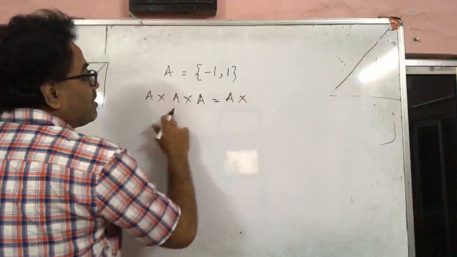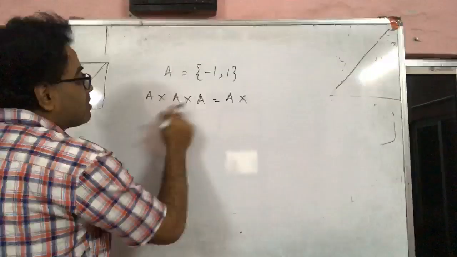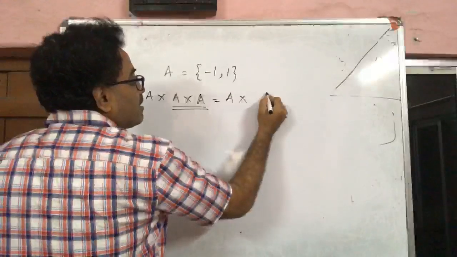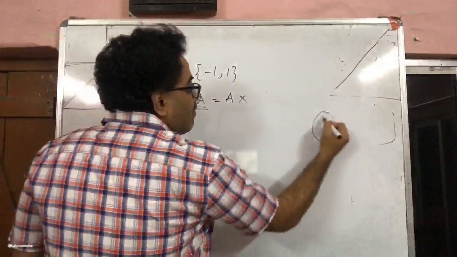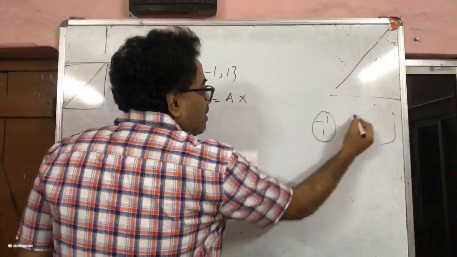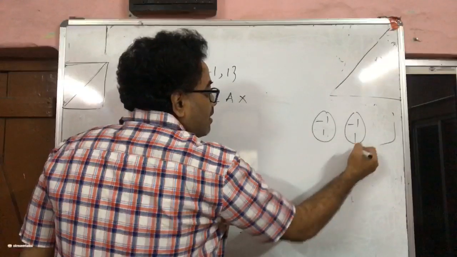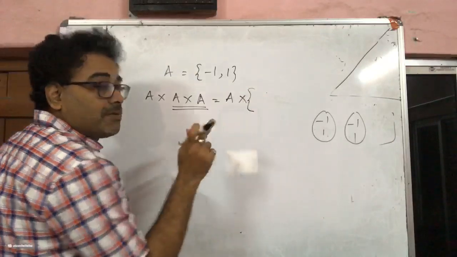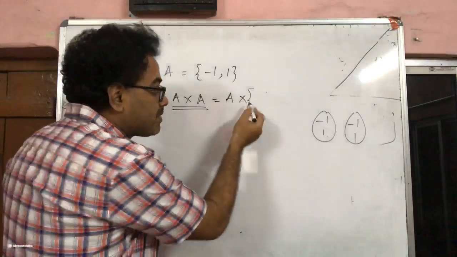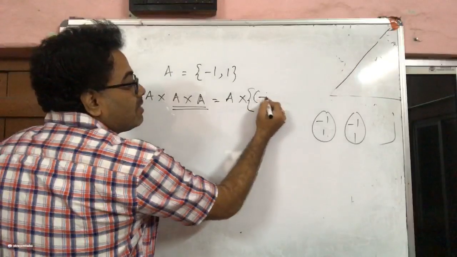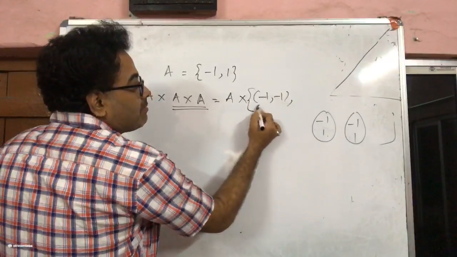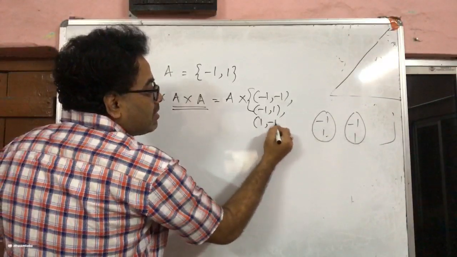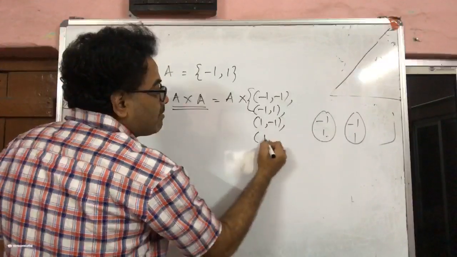In the exam, how to do this A cross A: first you get this A cross A. A is minus 1, 1. Minus 1 is connected to minus 1, 1. It is a set of pairs, so don't forget to give the second bracket. So minus 1 minus 1, minus 1 1, 1 minus 1, 1 1.